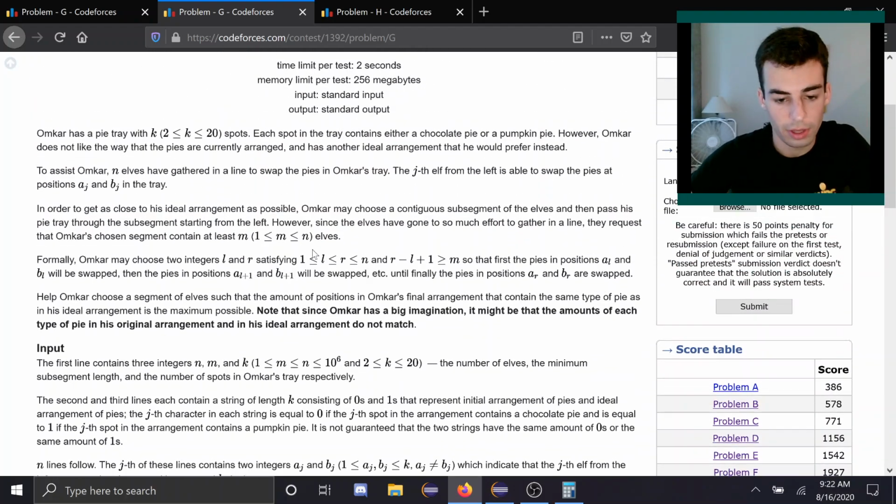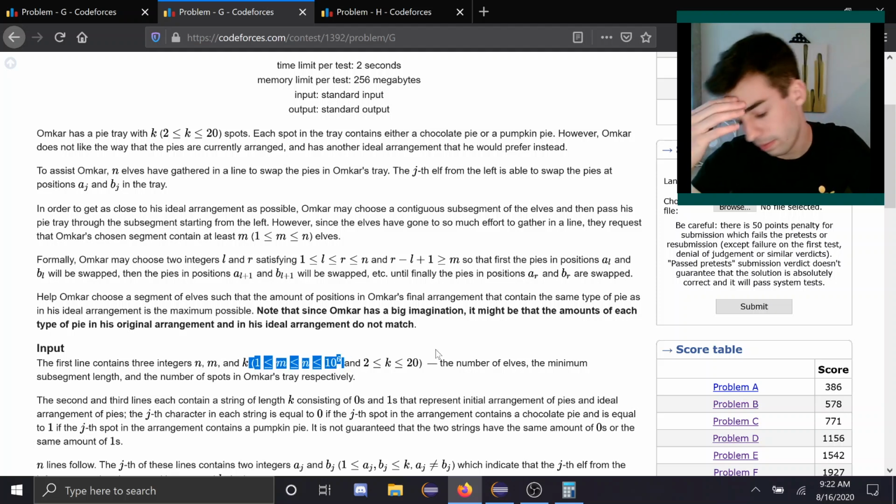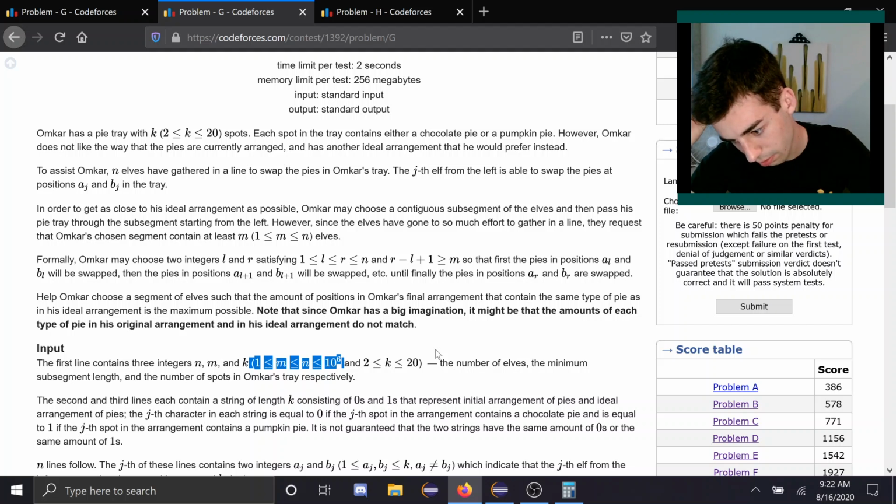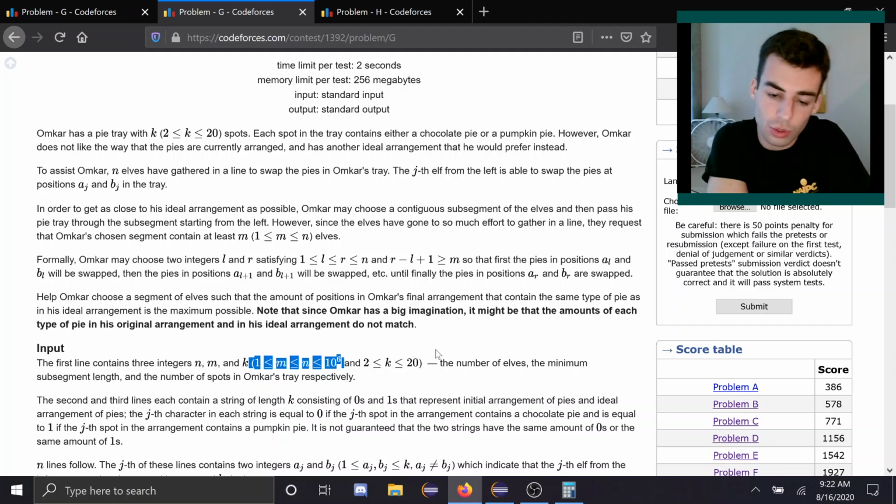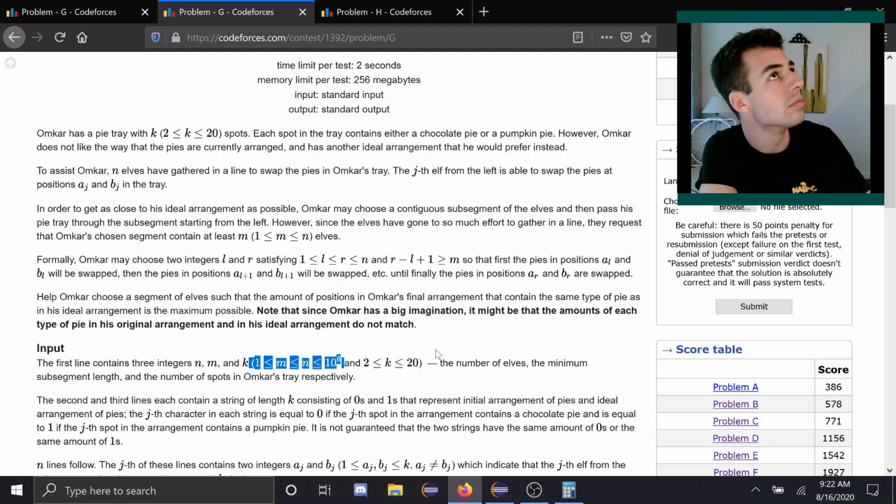I think the hard part is that there are both left and right endpoints. Like if n were 1,000, we could do it, because you're just composing two permutations. So if you do one permutation, then you do another, it doesn't change by much.